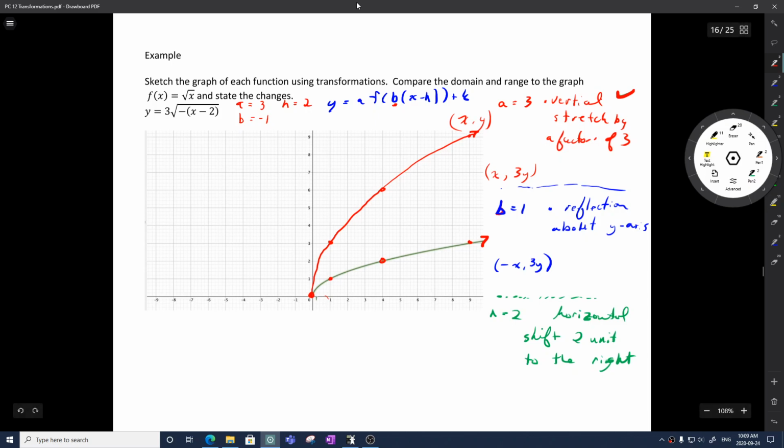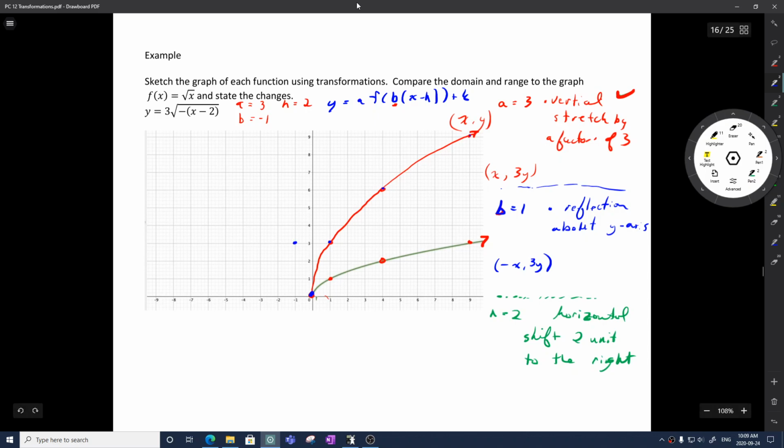Now I'm going to reflect this about the x-axis. So these points here, my new points, I'm going to reflect them about the x-axis. So simply I'm just multiplying the x values now by -1.